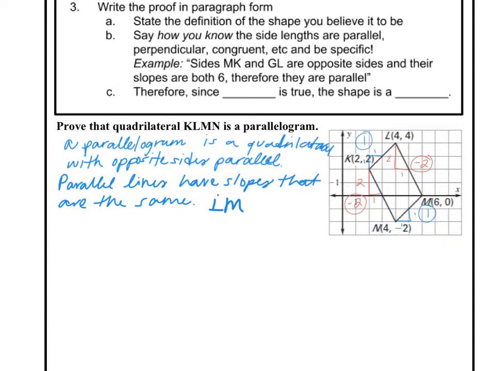LM and KN both have slopes of -2. So are they parallel? Yes, so then you say, so they are parallel.